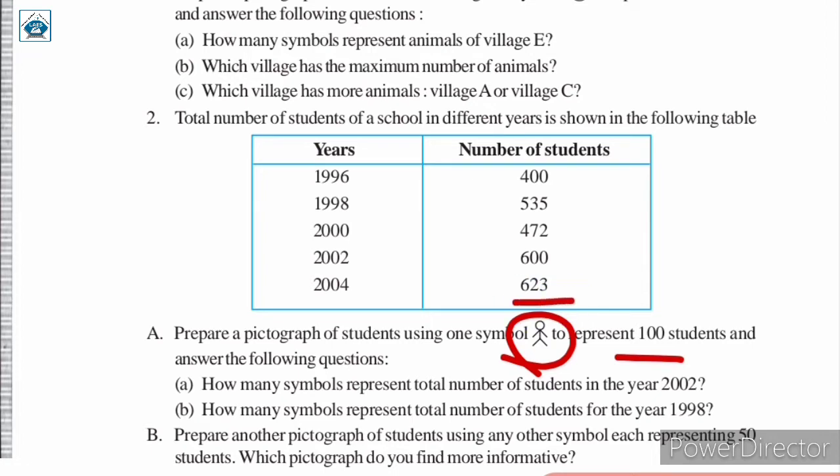But 23, 72 or 35 is not possible by representing in the form of a pictograph using this particular symbol. So we will be rounding off the given numbers. Now since we have rounded off these numbers, we can easily prepare the pictograph and then answer these questions. So let us see the solution.